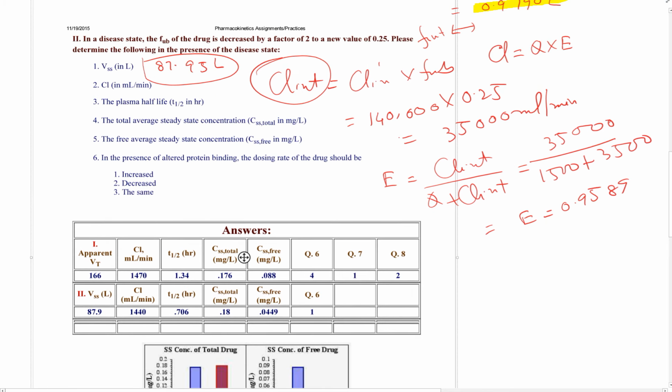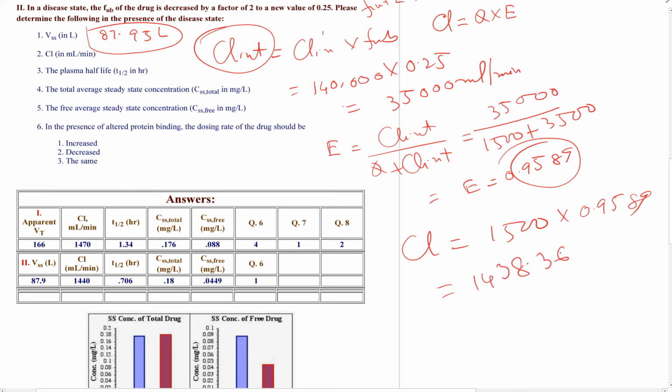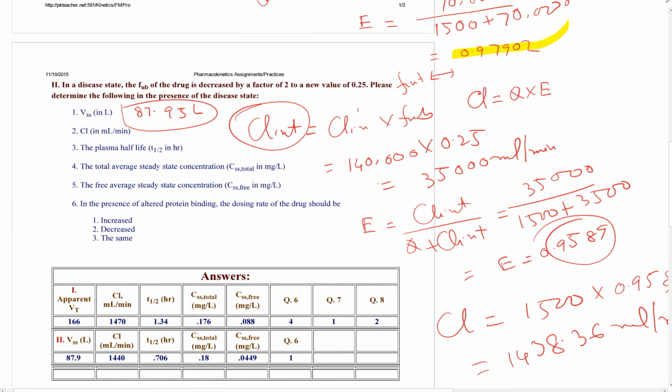Now we are going to calculate CL. CL is equal to Q, which is 1500, and then this new E, 0.9589, is equal to CL, which is going to be 1438.36 milliliter per minute. So because of this change in the fraction unbound, we have a new CL.